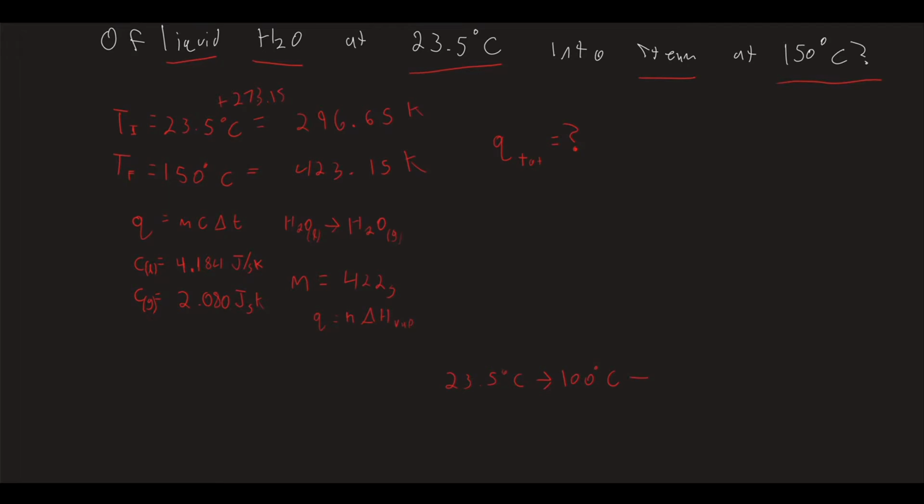From 100 degrees Celsius, we are going to have a state change from a liquid to a gas. And then we need to go from 100 degrees Celsius of gas to 150 degrees Celsius. So we need one more number here, and that is 100 degrees Celsius in Kelvin.